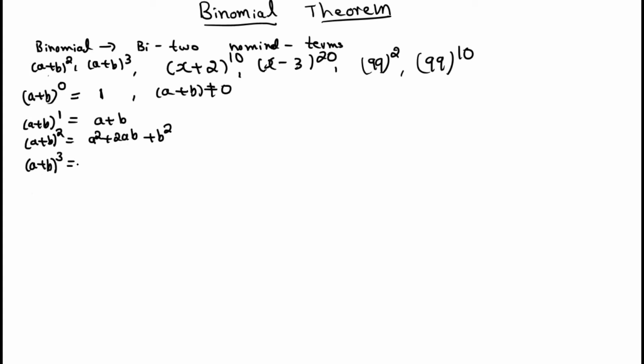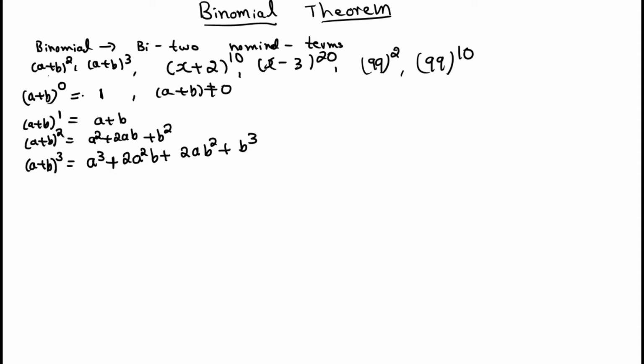We know its value is equal to a cube plus 3a square b plus 3ab square plus b cube, right? It's the formula for a plus b whole cube. Now see, a plus b to the power 4 or a plus b to the power 5 is given. It's a little difficult to remember the formula, but using binomial expansion you can write the formula easily.